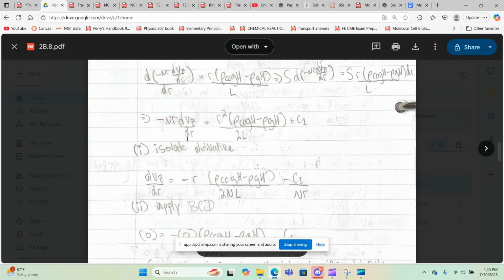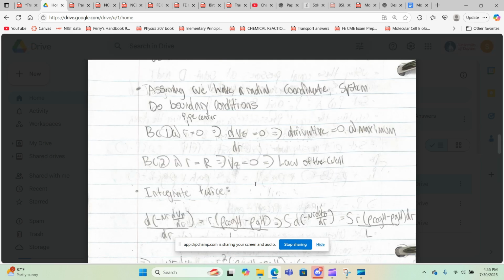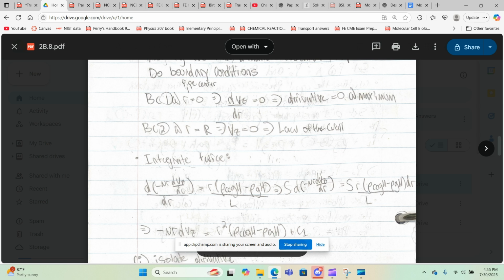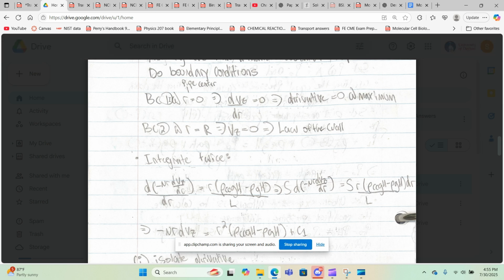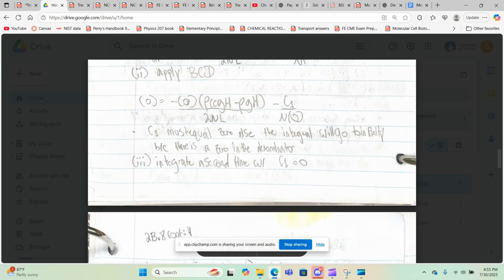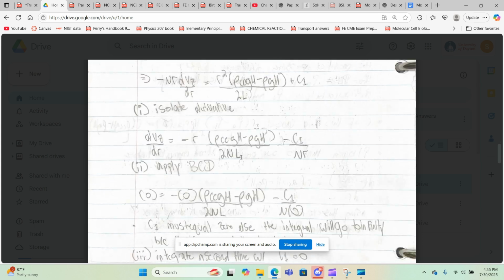So we're using the second boundary condition now at r equals big R, vz equals 0. And by the way, if you have a derivative boundary condition, you're always going to want to do that boundary condition mid-integration. So that's just a little note there. But at r equals big R, vz equals 0, wall to wall.